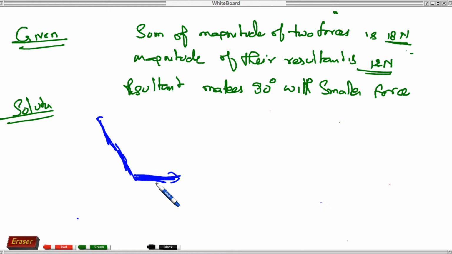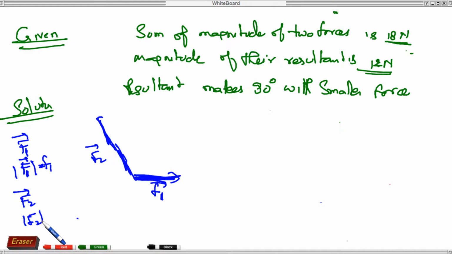Its magnitude is F1, and this is F2, with magnitude F2.